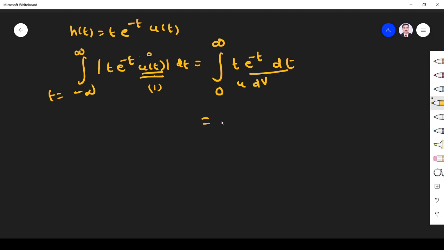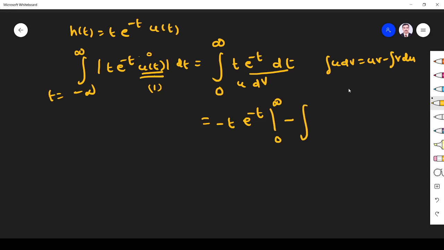First you write u as it is, times the integral of dv. The integral of u dv is equal to uv minus the integral of v du. So this is dv. In the dv, you have to integrate this, so e power minus t divided by minus 1 will come here, where integration is from 0 to infinity, minus the integral of v du.